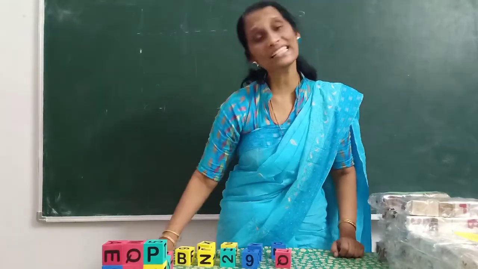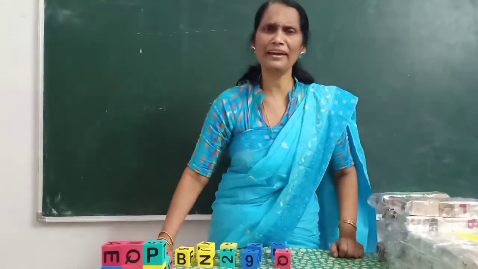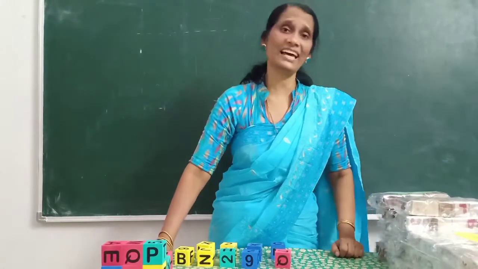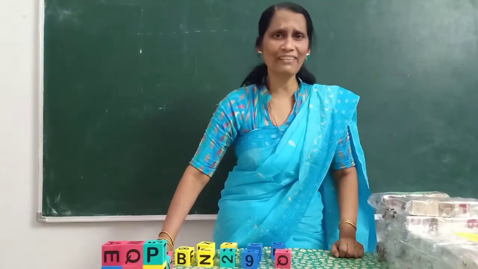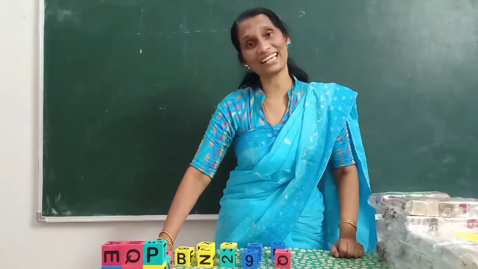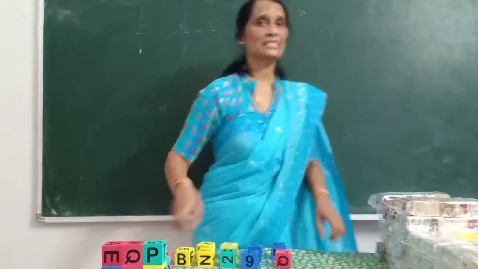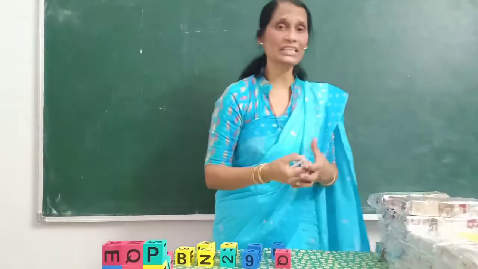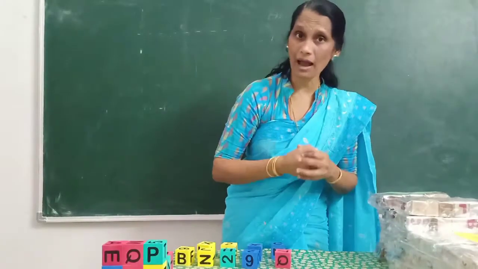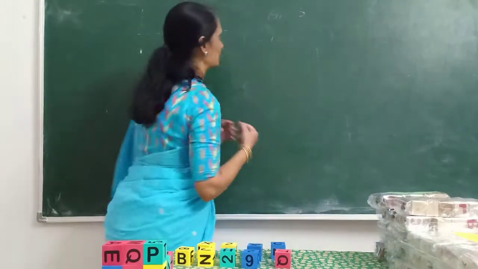How many ones are in 8? 8 ones. How many ones are in 7? 7 ones. How many ones are in 6? 6 ones. Now let us see how we will represent that on the abacus.